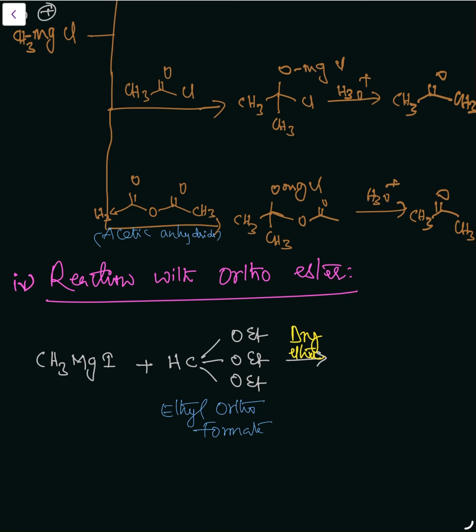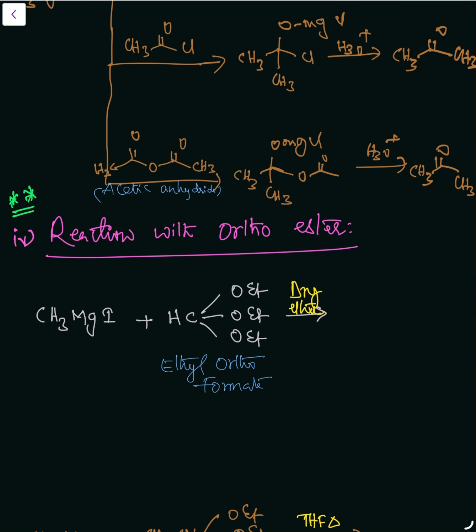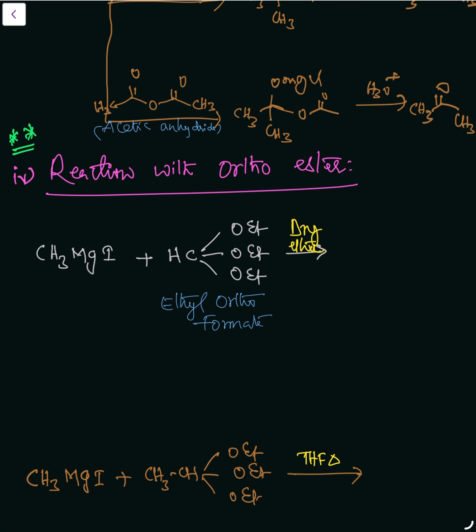Next, reaction with orthoesters. This is important. Now in this case, methyl magnesium iodide reacts with ethyl orthoformate in the presence of dry ether. What happens? Removal of MgI(OEt) takes place. This compound is eliminated from the molecule. Then we get CH3, and now this CH3 will attack the CH group.